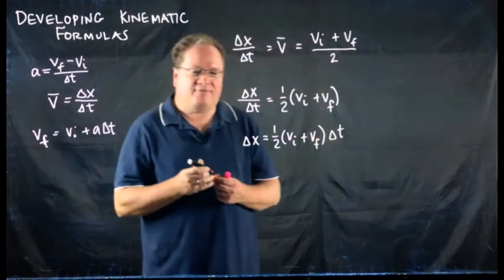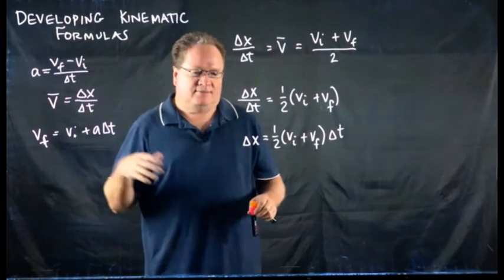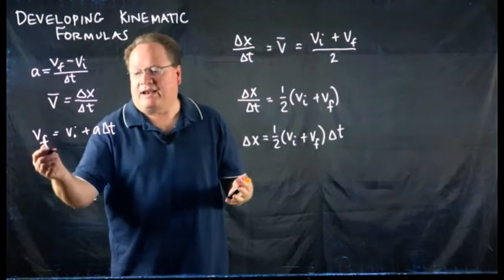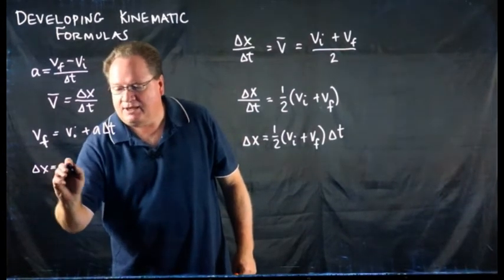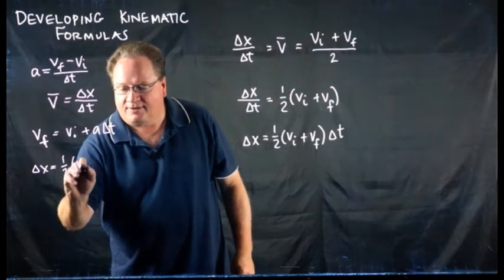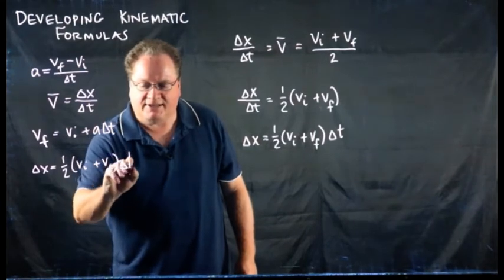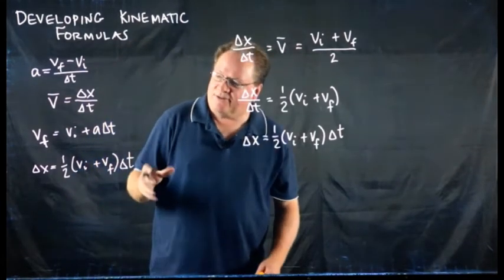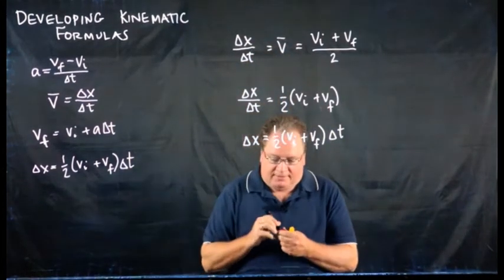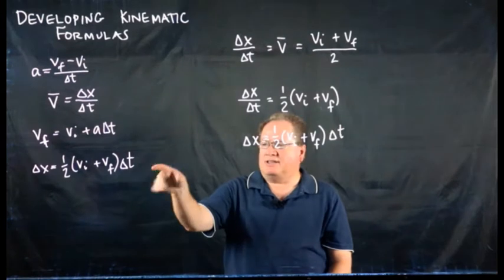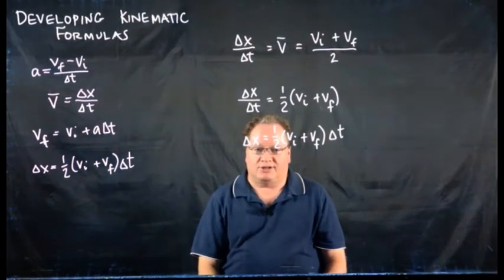So we have now a third accelerated kinematic formula, which would be delta x equals 1/2 (vi plus vf) times delta t. So that's our next kinematic formula. And what I would call this is displacement with constant uniform acceleration.